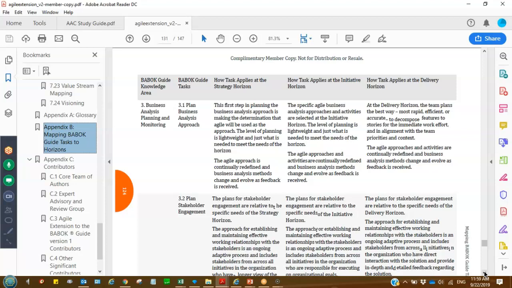Obviously, for those of you that are CBAPs, you should be more than familiar with the knowledge areas and the tasks, so you might spend a little more time here, and this might make a little more sense to you. For anybody who has not spent time with the BABOK, this will be a little less familiar.